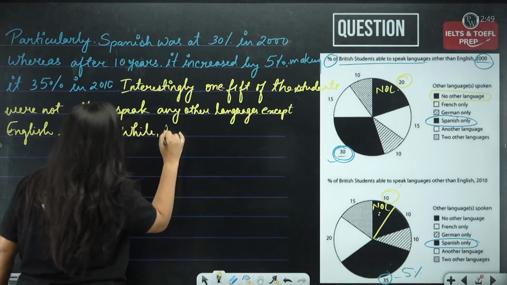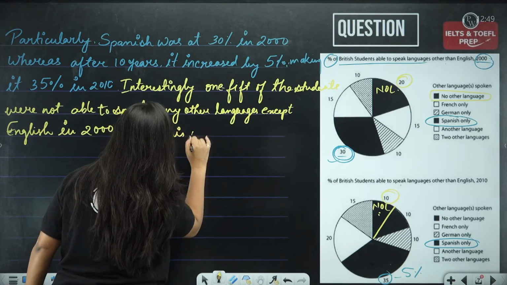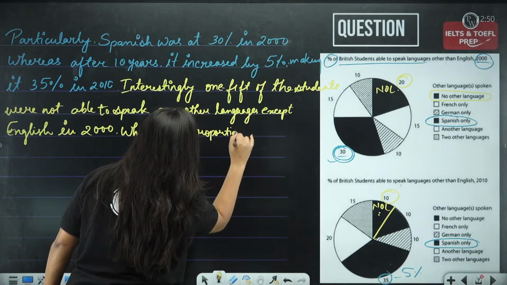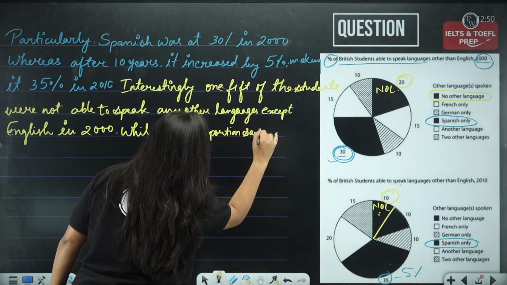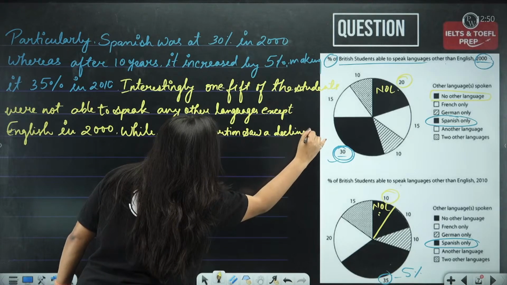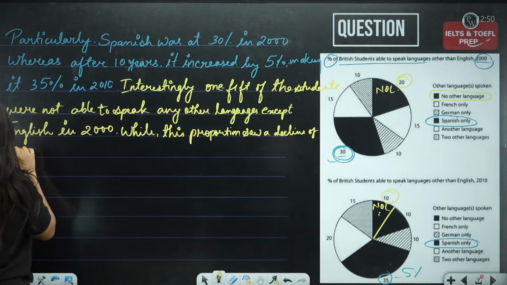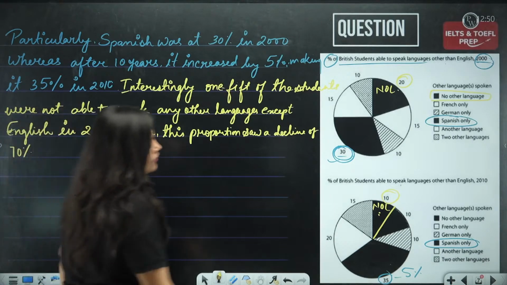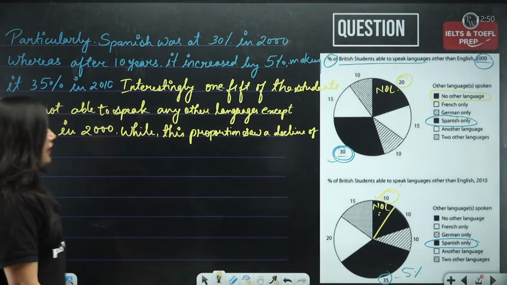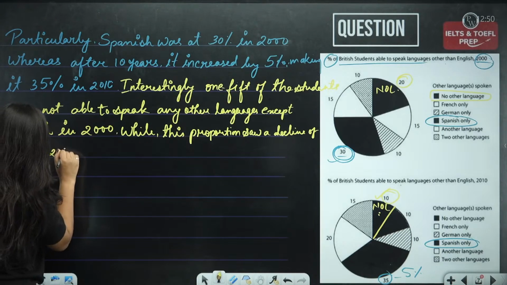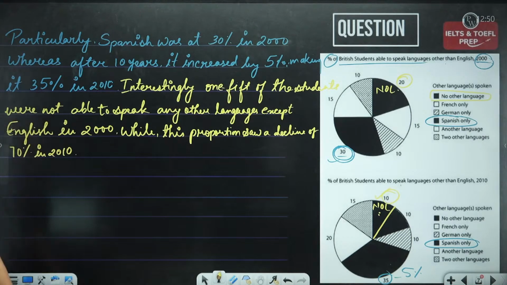While this proportion saw a decline of कितना? 10%. 10% in which year? Done. दो डेटा कवर हो गया.